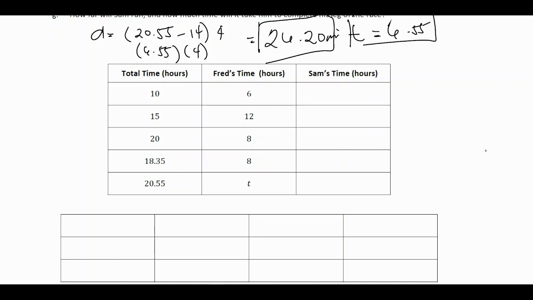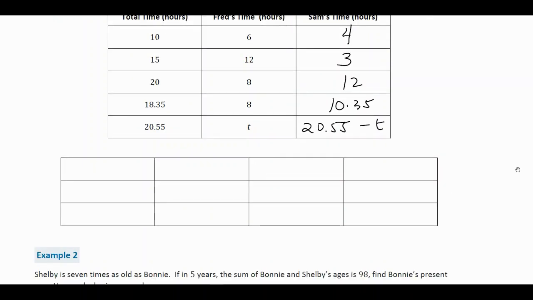So for us to get Sam's time, we subtract 20.55 minus t, so it means we're going to have an expression, which is 20.55 minus t.